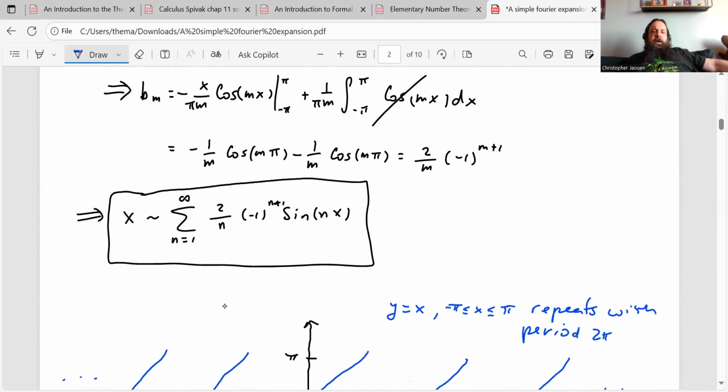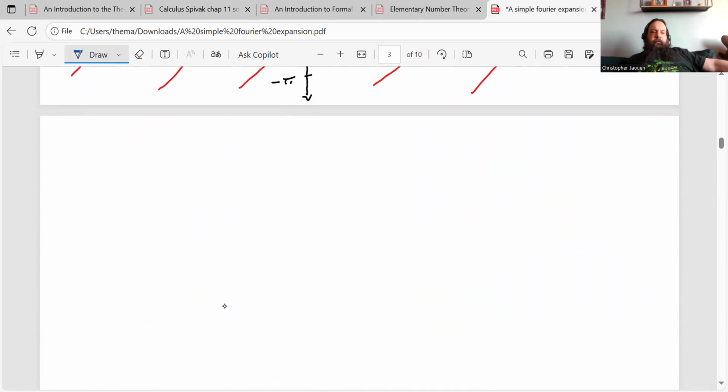Before I do that, let me just make a note here. If you watched my video yesterday, I said that the set of even functions and odd functions were orthogonal, in a certain sense.